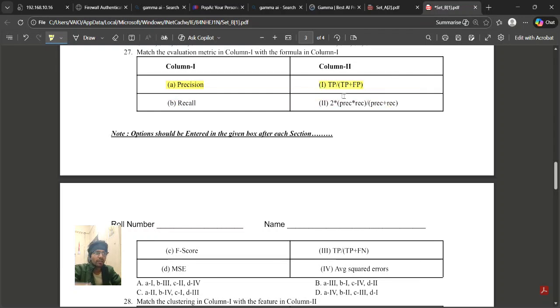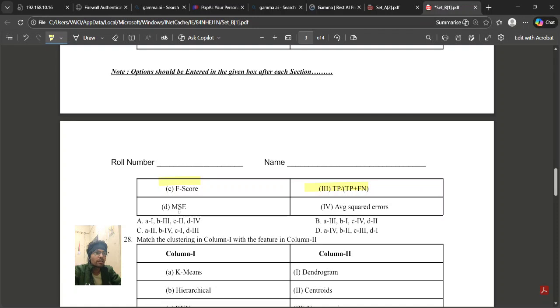That's 1. Now recall is true positive divided by true positive plus false negative. That's 3. Now the F score is the harmonic mean: two times precision times recall divided by precision plus recall.